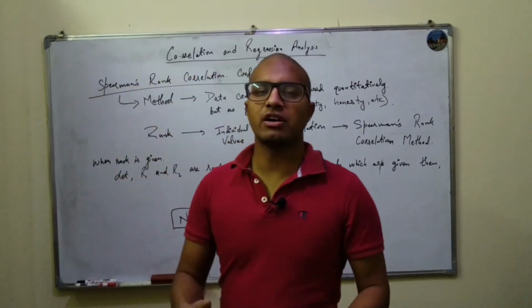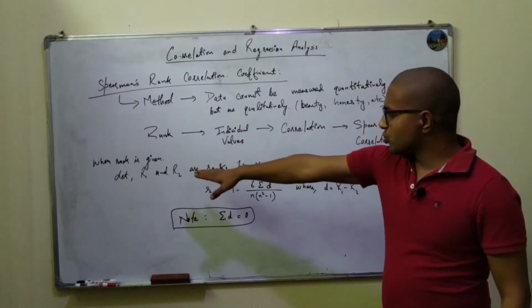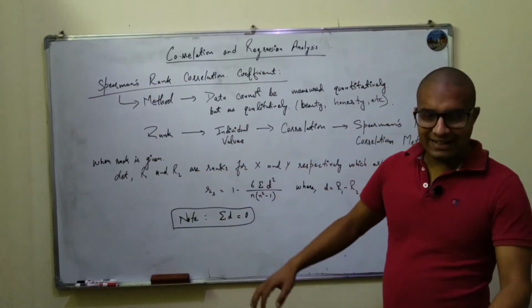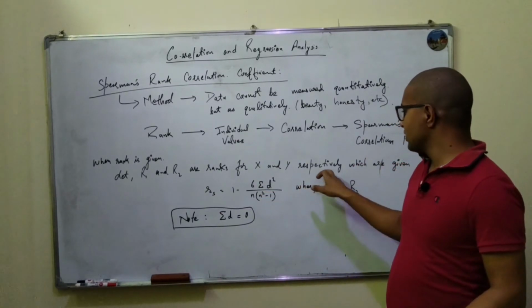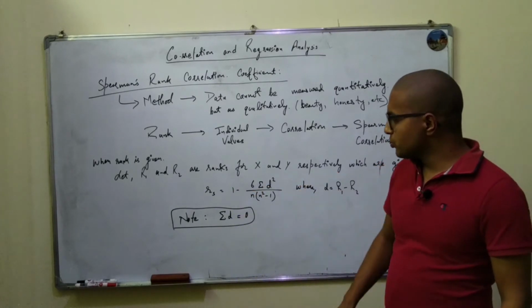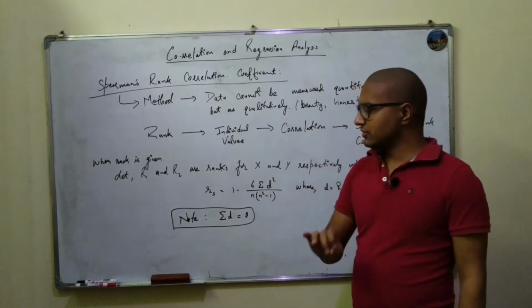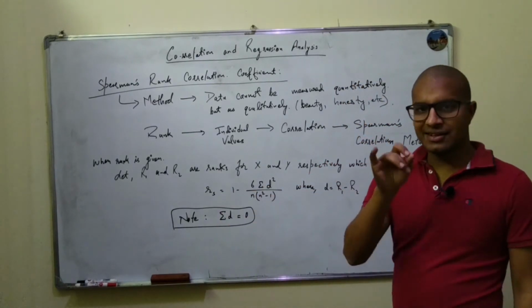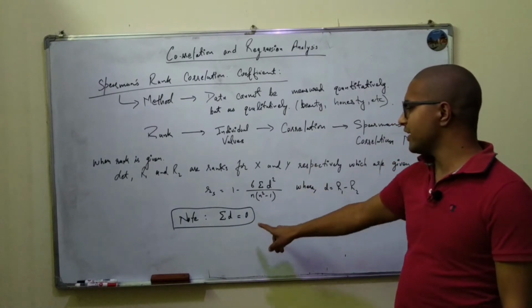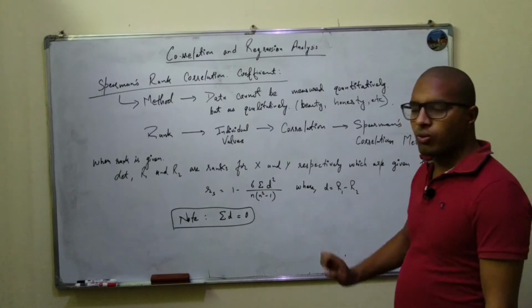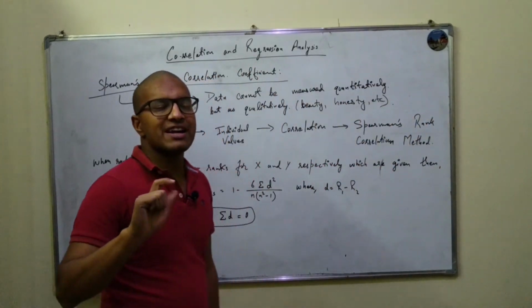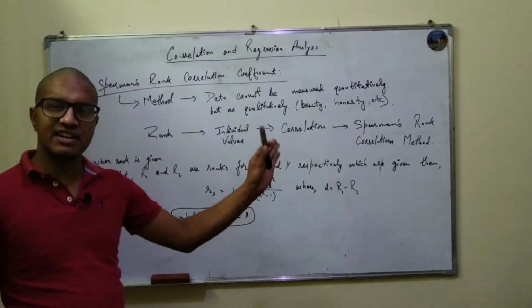So r1 and r2 are the ranks for x and y, and the formula we use is rs = 1 - 6 Σd² / n(n² - 1). What is d? d is r1 - r2, rank 1 minus rank 2.